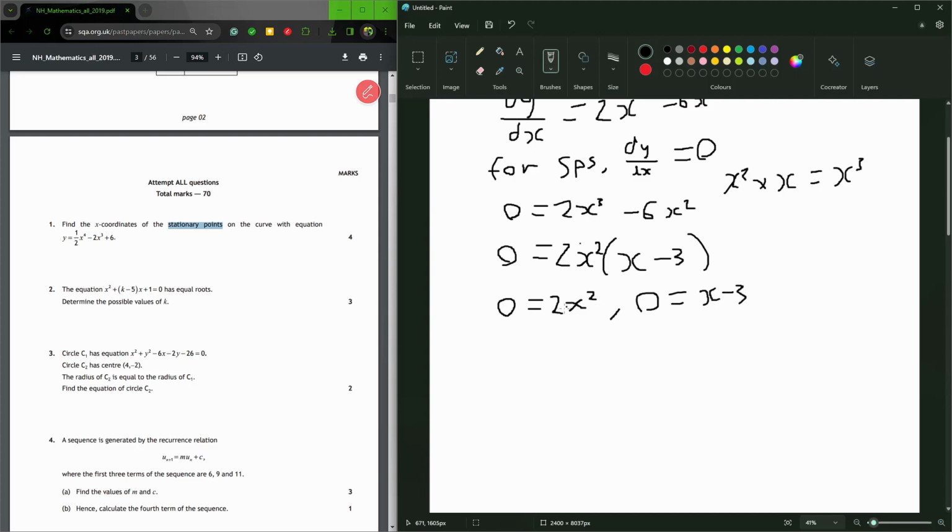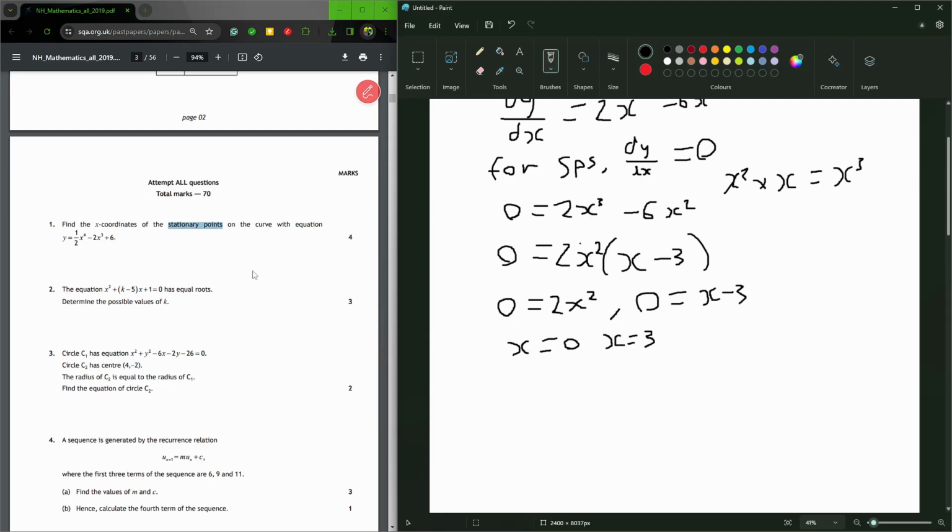This one is easy because x squared is just x times x, and it's all multiplication, so x has to be 0. This one is a bit more difficult, but basically if you add 3 to both sides, this will become just x, and this will become 3.